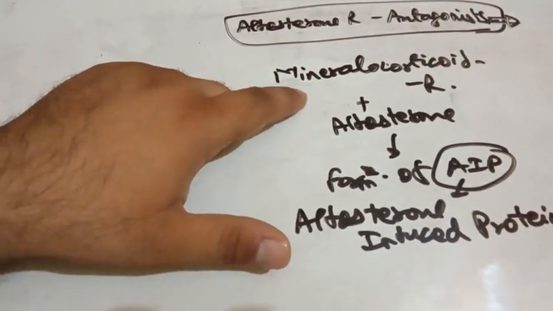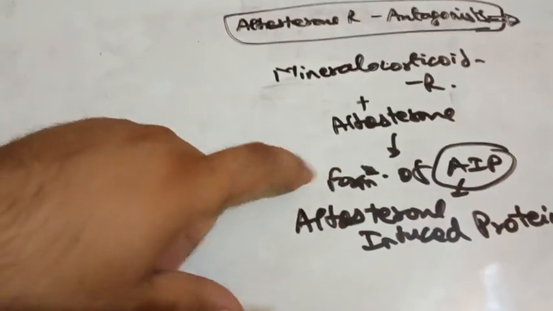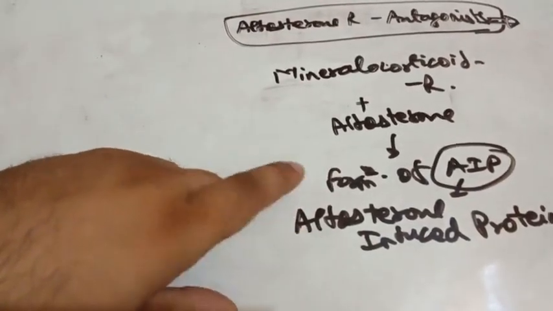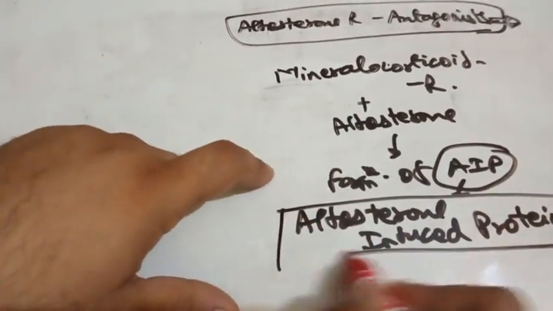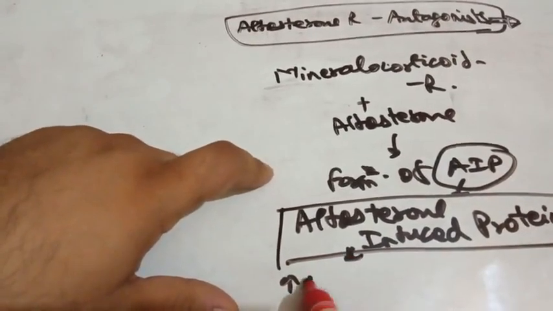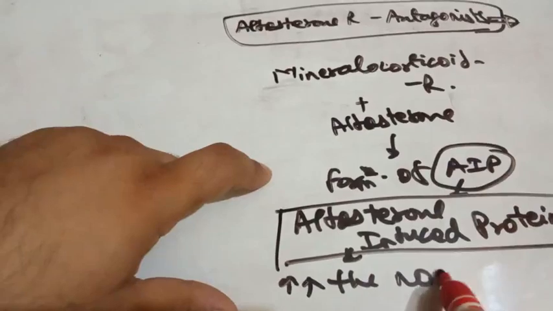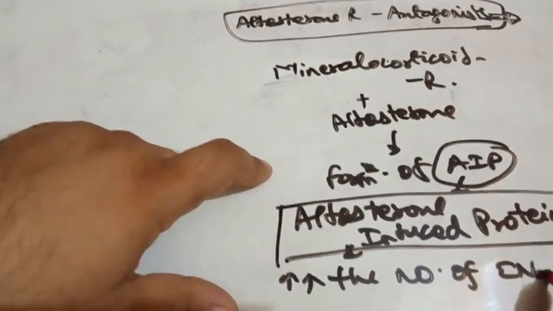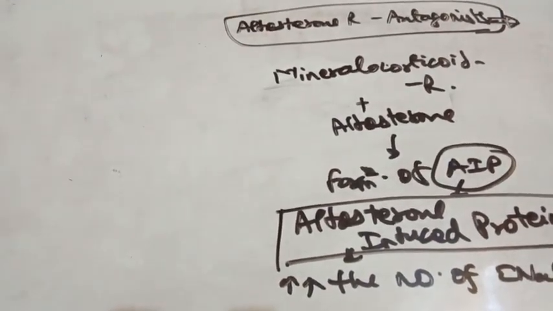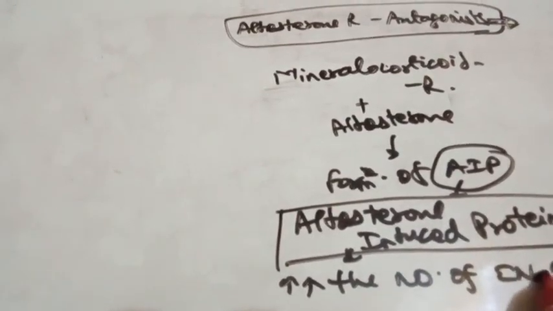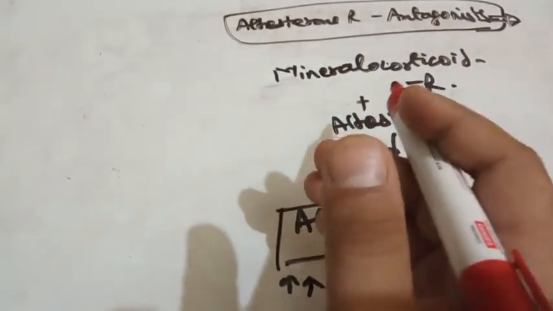This leads to formation of AIP, and the function of this aldosterone induced protein is to increase the number of ENaC. As you know, if ENaC is increased, there will be more and more transfer of sodium ions from the lumen of DCT into the interstitial fluid.